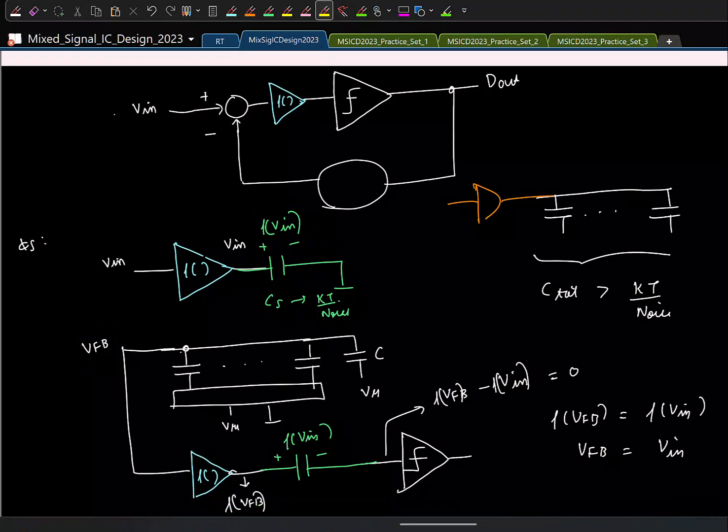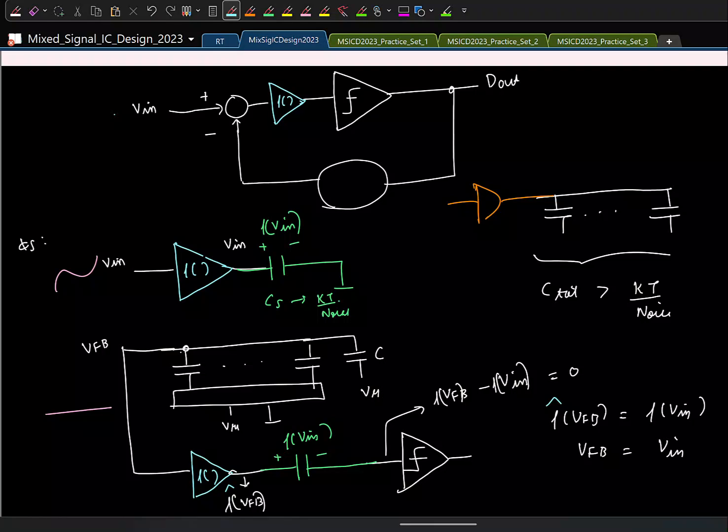But if you think about it, my input is a time varying signal, but my feedback is a reference voltage, it's a constant signal. So the nonlinearity of the buffer when it processes a time varying signal will be different than its nonlinearity when it processes a constant signal, right? So this could be in practice some f hat.